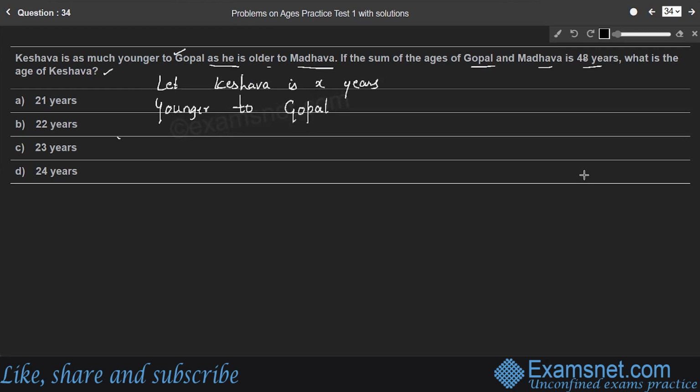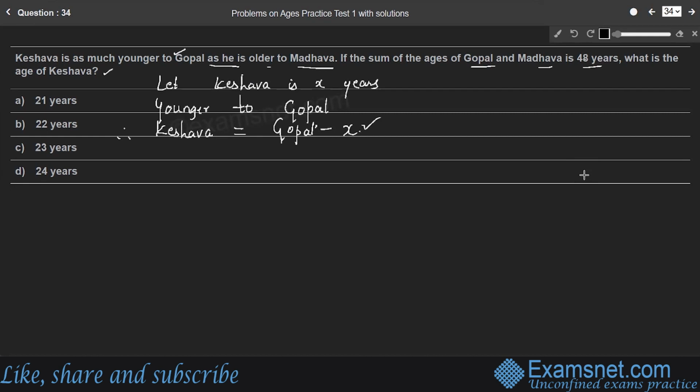Therefore, we'll consider Keshava's age is equal to Gopal's age minus X years. So he is X years younger than Gopal. Therefore, his age becomes Gopal's age minus X years.